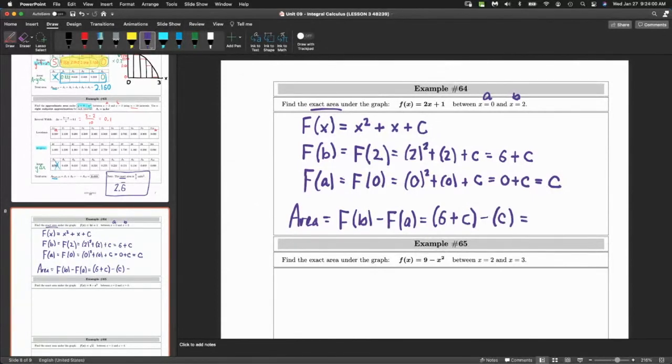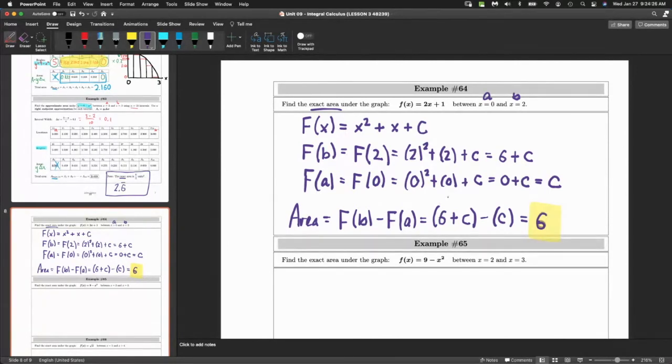And look at that, people. The answer is 6. Isn't that cool? That's the exact answer. So all those tables that I showed you that ate up so much time of your life and the lesson today, and you could find the exact answer, and the exact answer is like, oh, get the antiderivative and stick in two numbers.